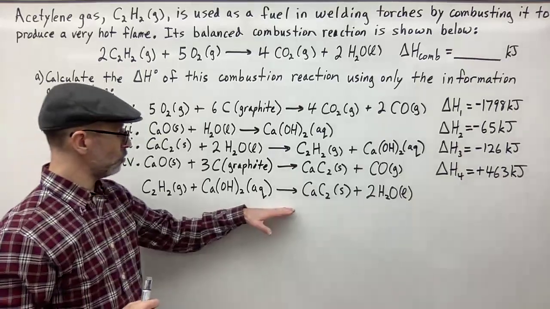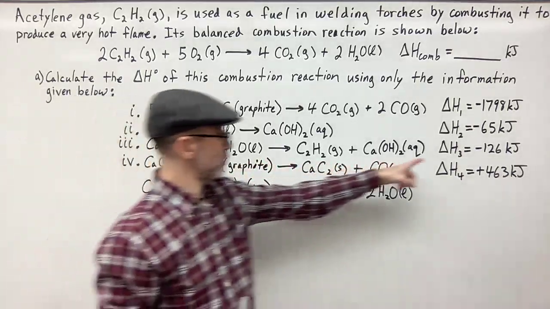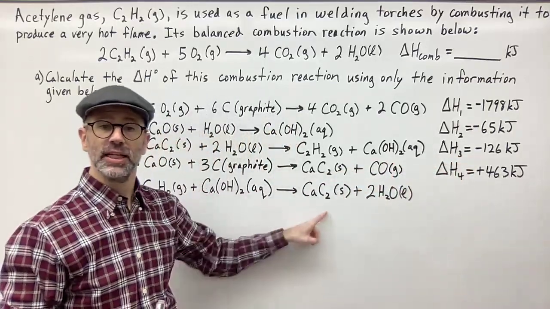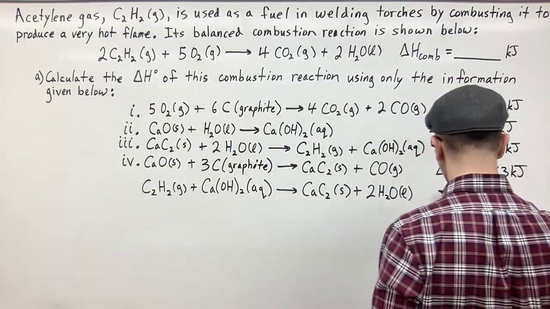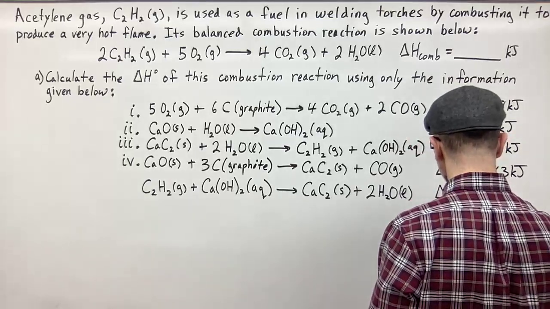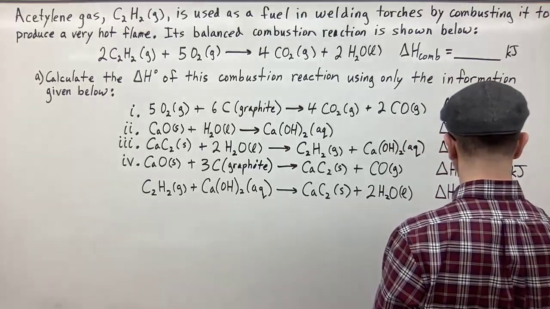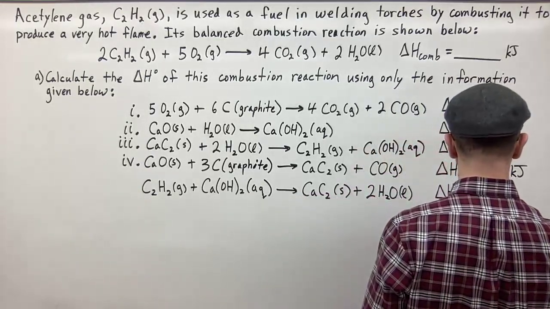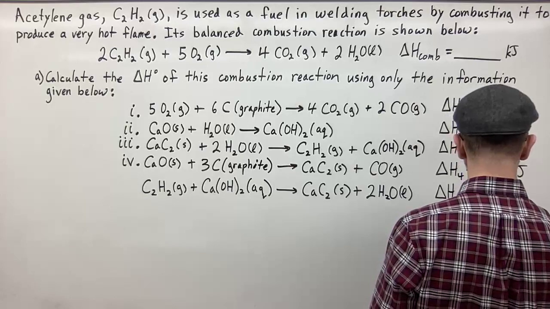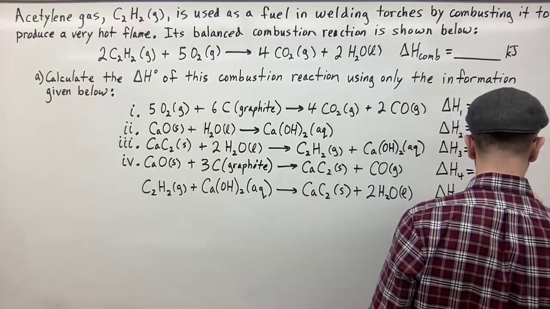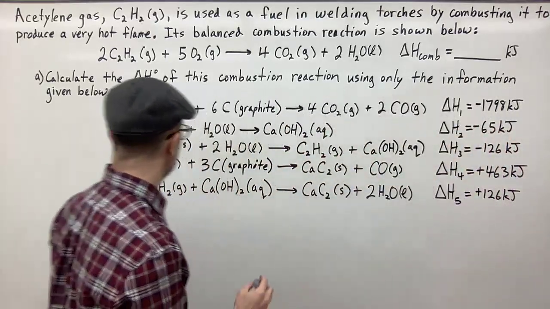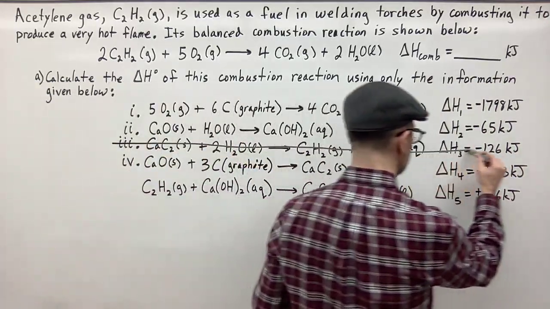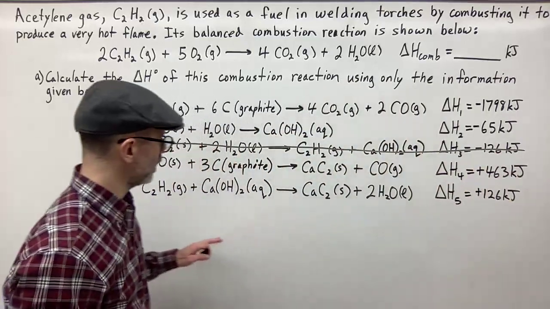Since number 3 was negative 126 kilojoules, we have to change the sign because we flipped the equation. So we'll call this delta H5, and that's equal to positive 126 kilojoules. We're going to get rid of the original, since we flipped it and don't need it anymore.